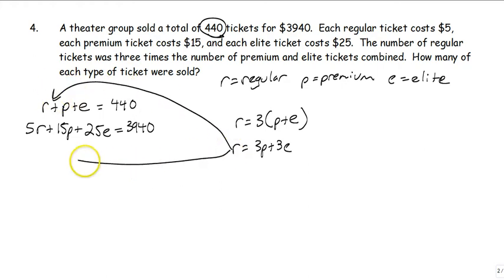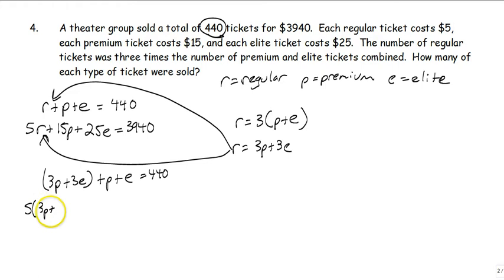I don't even have to do elimination. This is a substitution one. Okay? So what happens is I get 3P plus 3E plus P plus E, and down here equals 440.